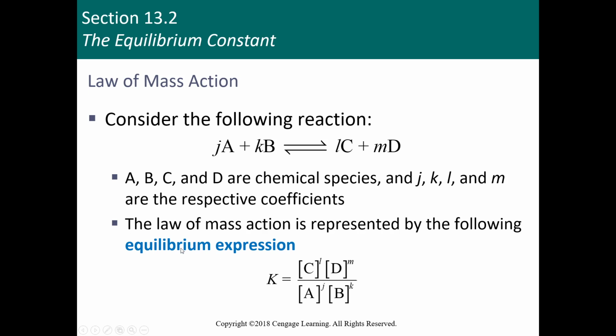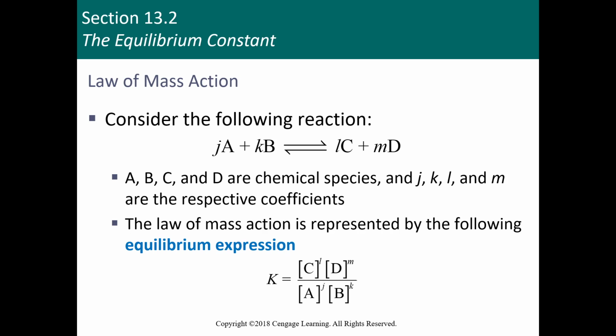Notice the word equilibrium in all of these. And so these values always have to come from the equilibrium conditions. They cannot come from anywhere else. They have to be from the equilibrium conditions, because this is, again, an equilibrium expression. Notice the equilibrium.